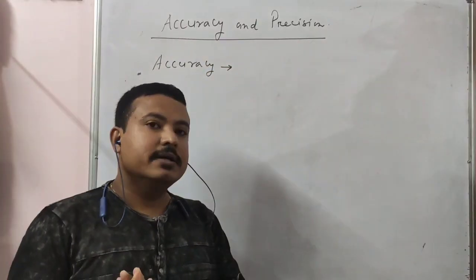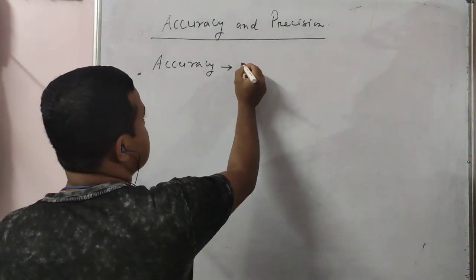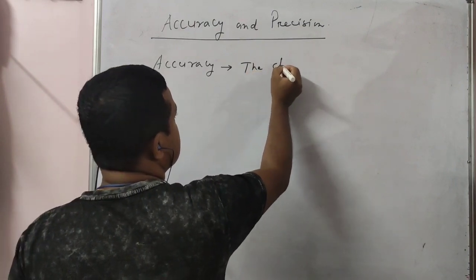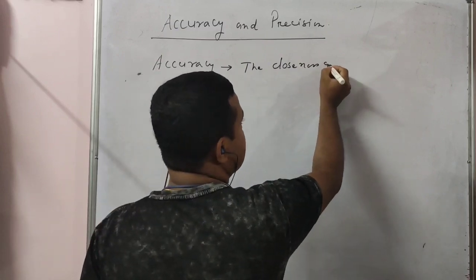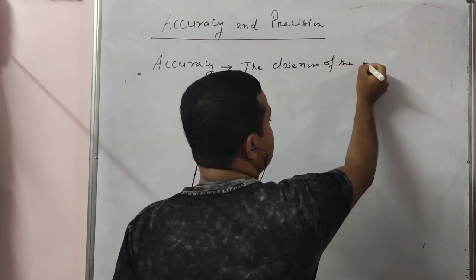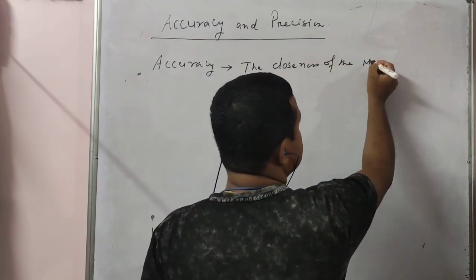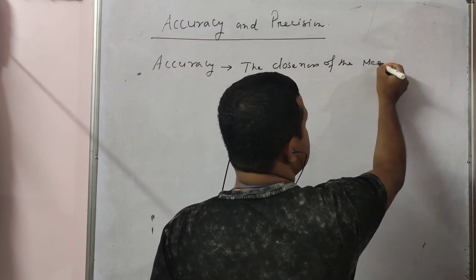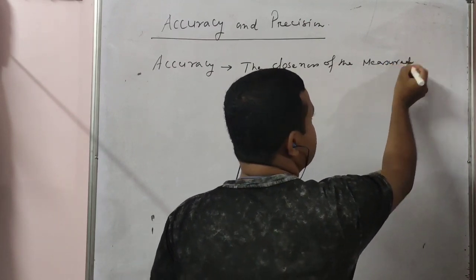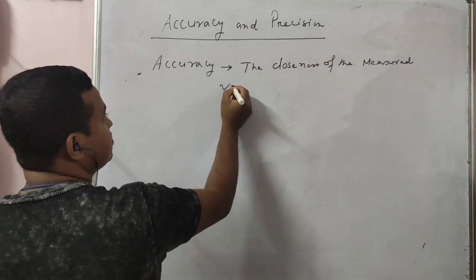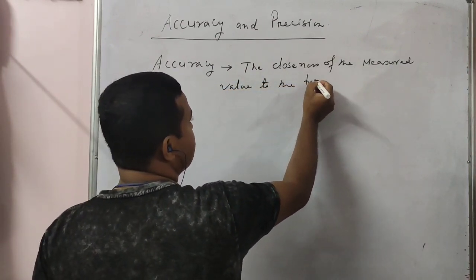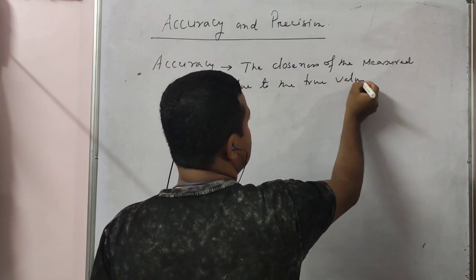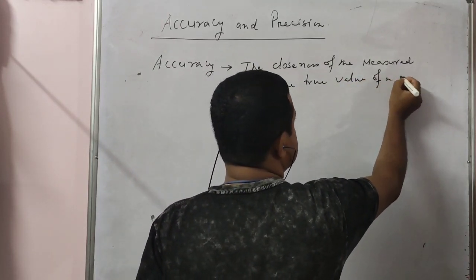Accuracy means it is the closeness of the measured value to the true value of a physical quantity.